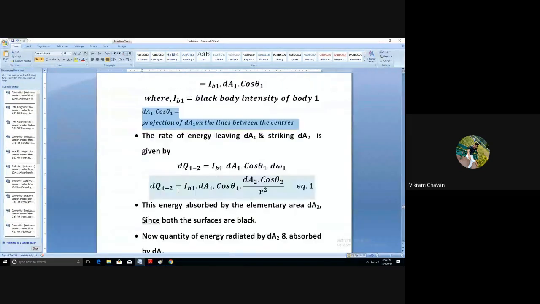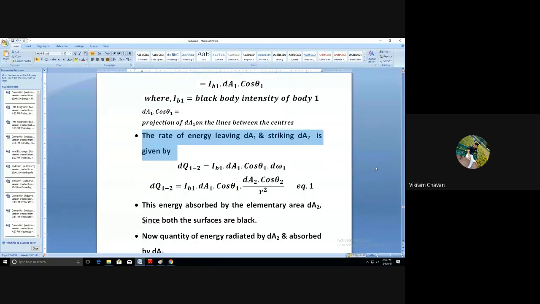The next, the rate of energy leaving dA1 and striking dA2 is given by dq1 to 2 is equal to IB1 multiplied by dA1 multiplied by cos theta 1 multiplied by d omega 1.